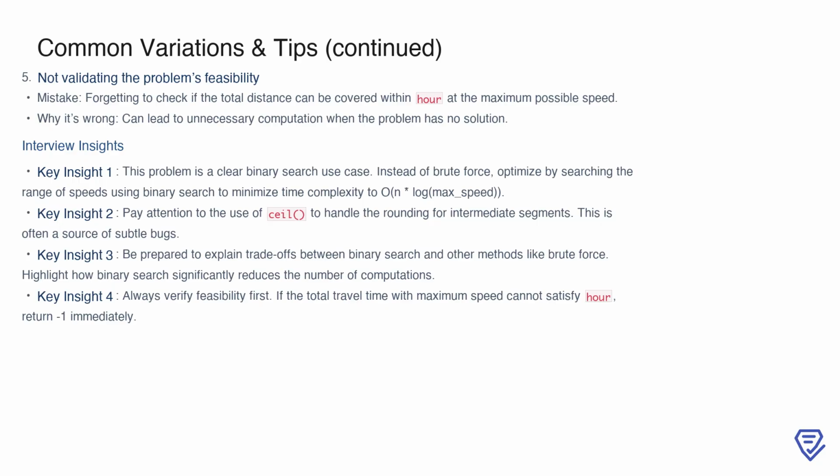Interviewers may also ask you to discuss the trade-offs between binary search and brute force. Highlight how binary search minimizes the number of computations compared to the brute force approach. Lastly, always emphasize the importance of validating feasibility first. If the problem setup itself is unsolvable, you save time by returning early instead of performing unnecessary calculations.